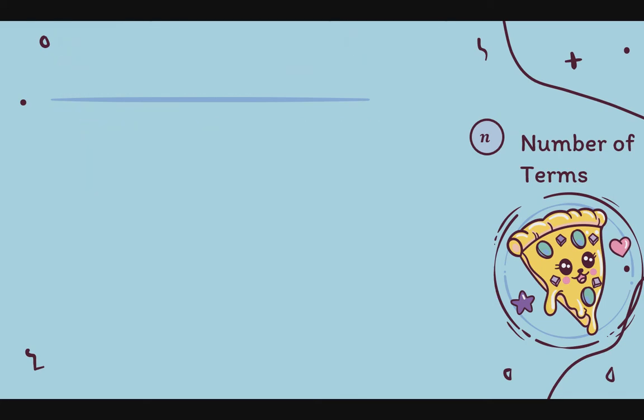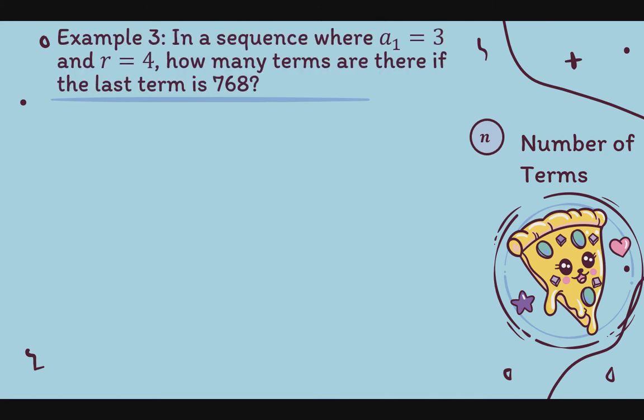So, gamitin na natin tong formula natin. A sub n natin is hindi natin alam kung ang nawawala is yung n. So, ang ating a sub n is the last term which is 768. Then, ang ating a sub 1, ang first term natin ay 3.